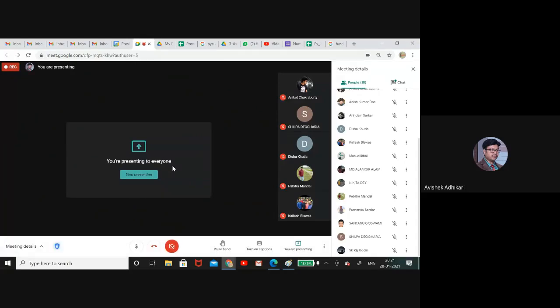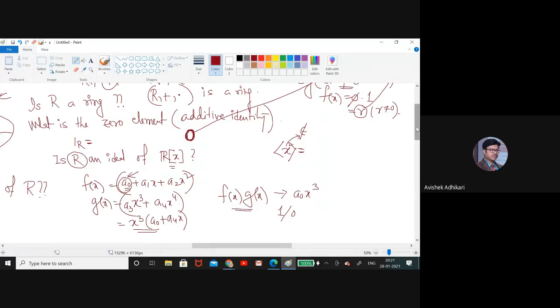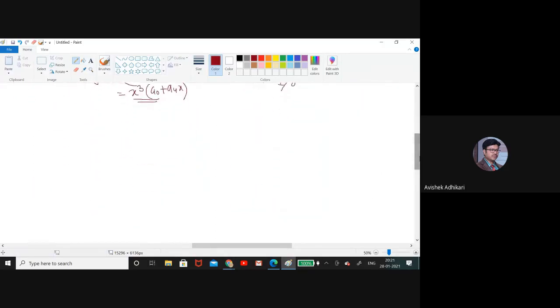Okay. If this idea is clear, then the question I asked earlier: what is Rx quotient R? Again, the same question: is Rx quotient R an integral domain, a field?